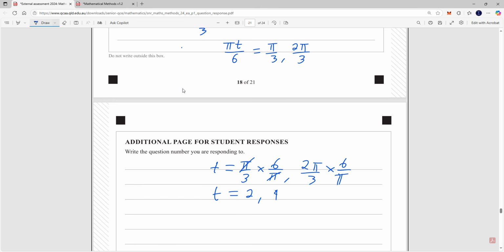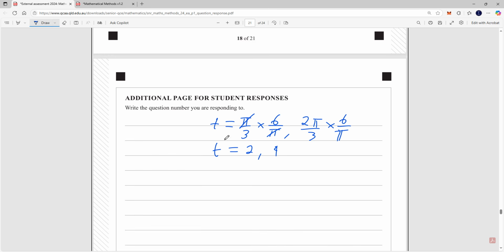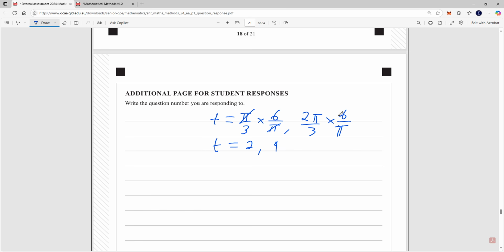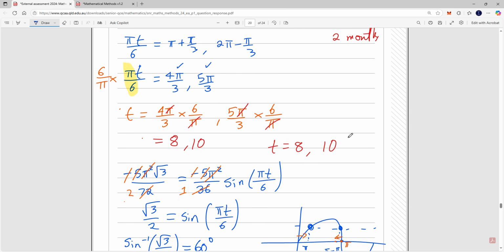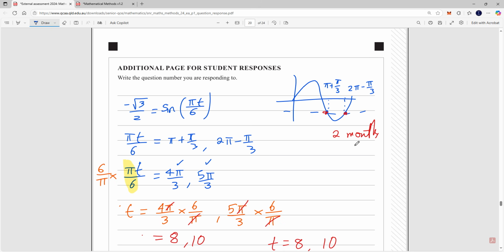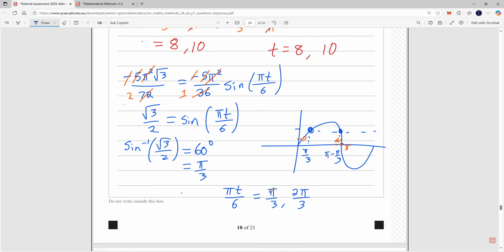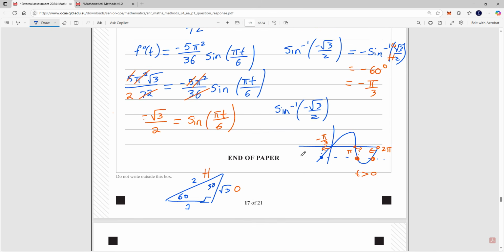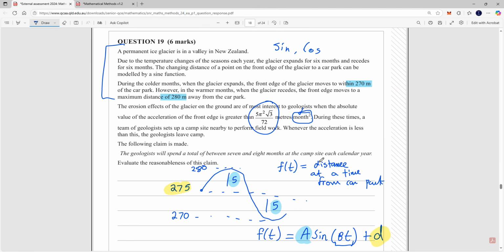Okay. And the distance between these guys here is still going to be, oh, is it? Yeah, okay. So here you get 2 months there, and then 4 months or 2 months there. But pretty much neither of them will give you 7 to 8 months. So the claim is not reasonable.